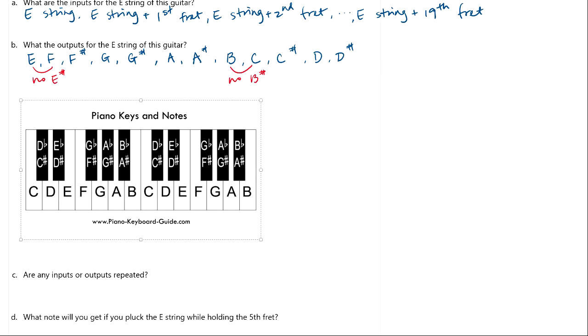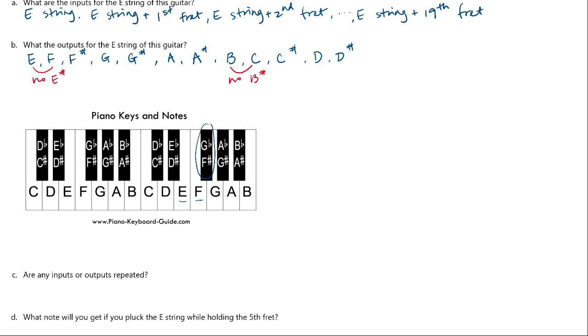If we start from E, you can see there's no black key, therefore there's no sharp for E between E and F. So after E, we directly jump to F over here. And that gets to the point where we say that F sharp is really equivalent to G flat, the black key that we are looking at, for example.